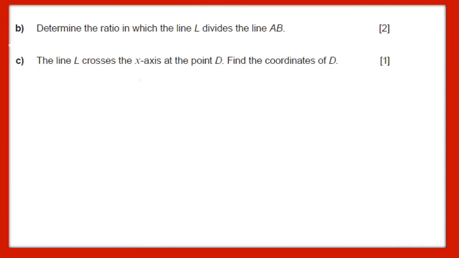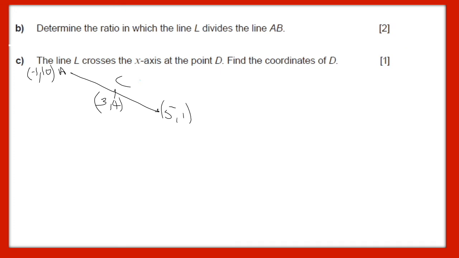So I need to determine the ratio in which the line L divides the line AB. Well, we know that the line L, because we've just done it, meets AB at the point 3, 4. That's my point C. We know that A is the point minus 1, 10, and we know B is the point 5, 1.